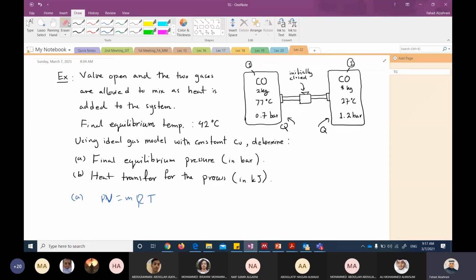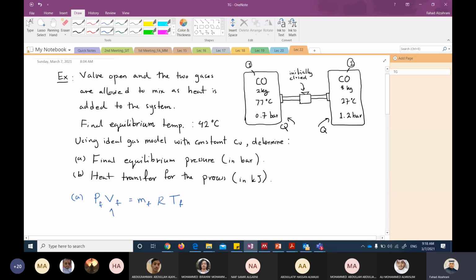When I say you can apply PV equals mRT at any state, I can apply it at the final state, with the final volume, final mass, R, and the final temperature. Simply, I can apply it like this.